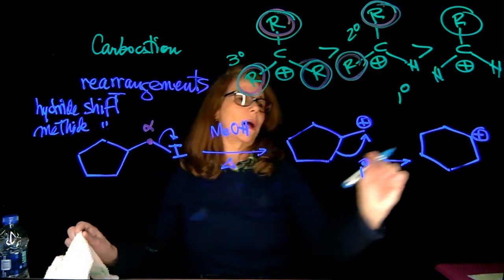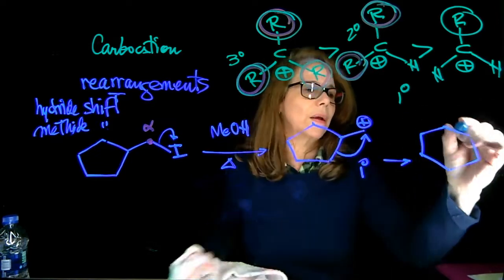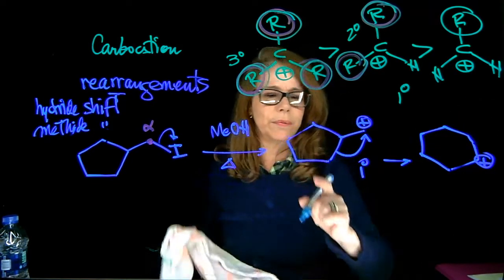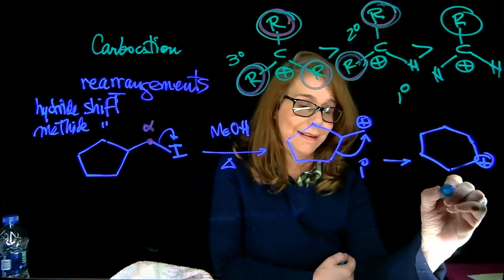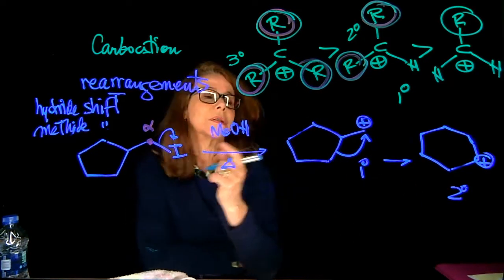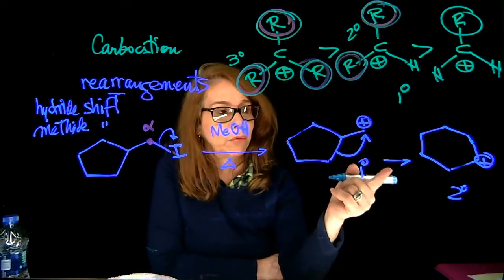Let's change the positive charge to another position so that it looks better when you think of the previous structure. So now the carbocation on the right is secondary, which is more stable. So this ring expansion happens if you can form a more stable carbocation.